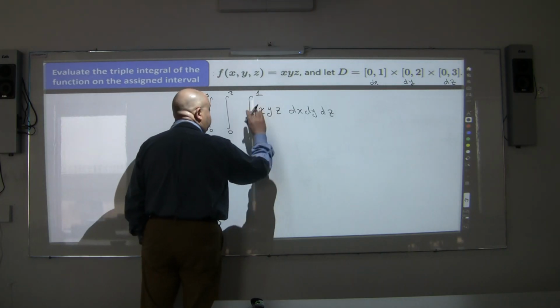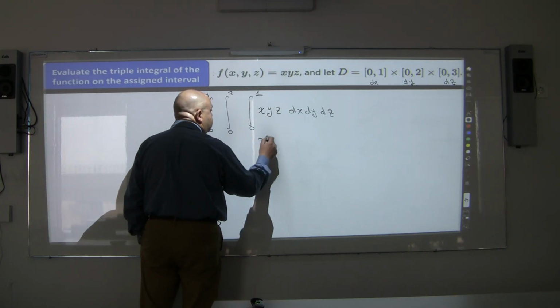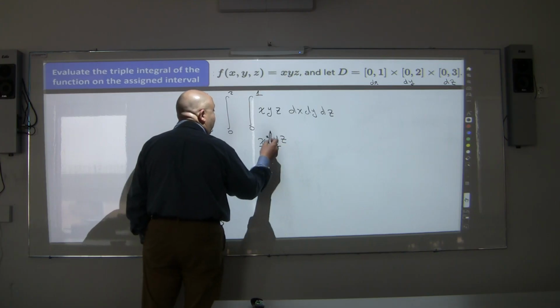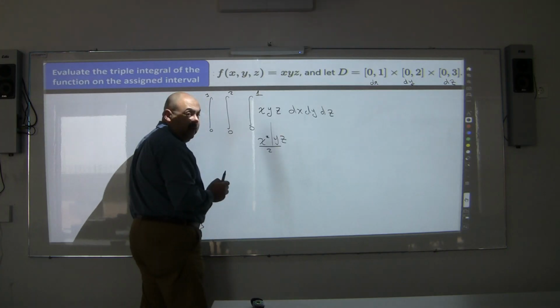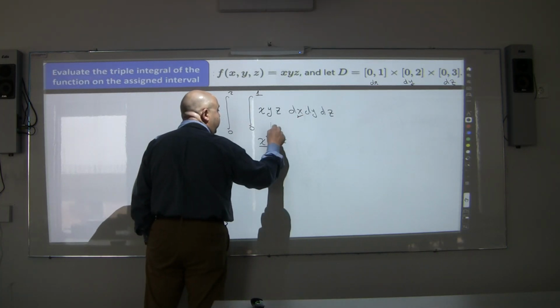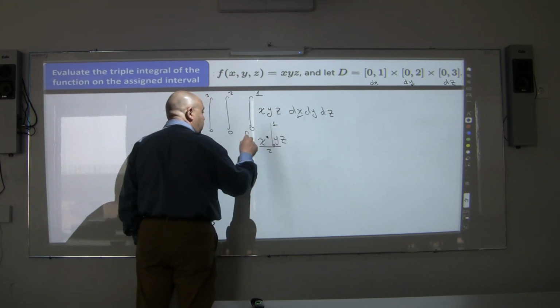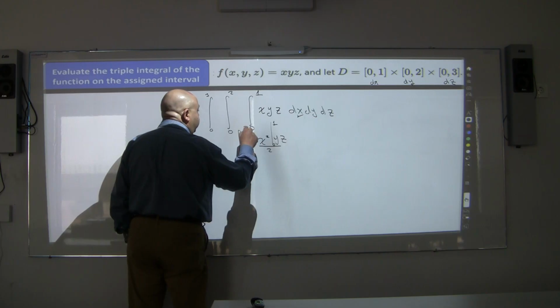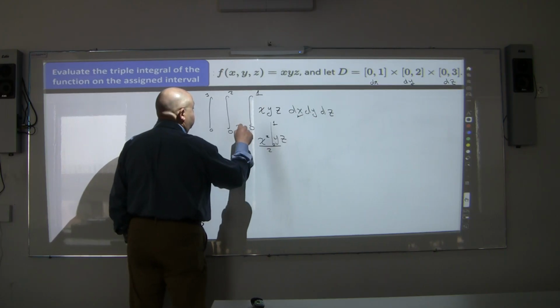So just integrating, it's going to be x squared over 2 times yz, and then I will make the substitution, but only on the x values, because you integrated already on x. So I will start from x equal to 0 and then 1. Then I will perform the other 2 integrations from 0 to 2, from 0 to 3.